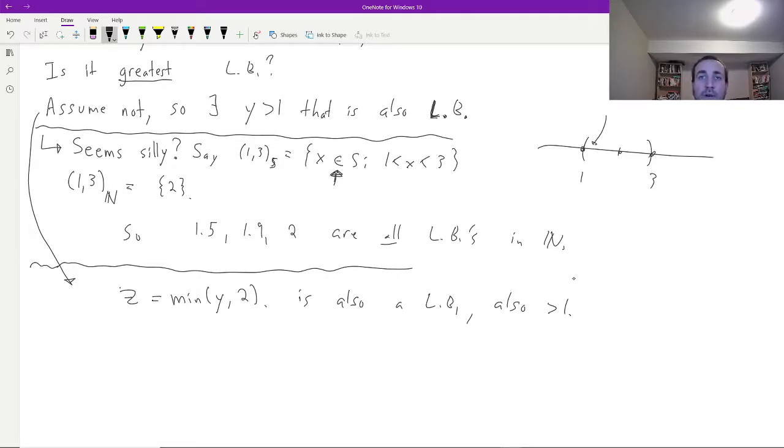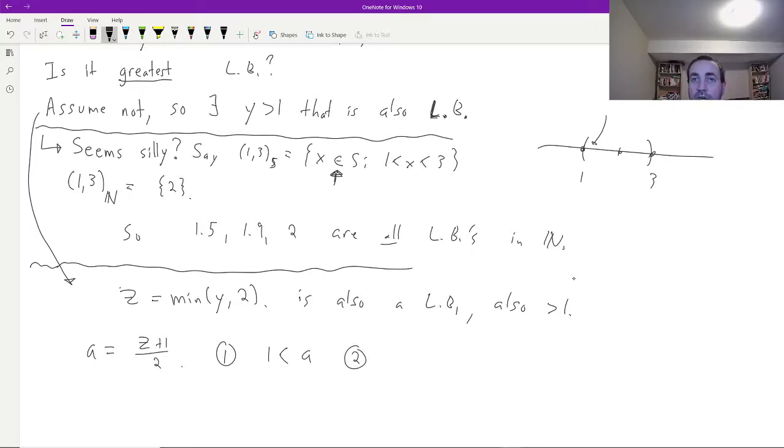And then I define a to be z plus 1 over 2. And the thing that I notice is that, first of all, 1 is definitely less than a, because 1 is less than z and 1 is equal to 1, and a is in the middle, so 1 is less than a.